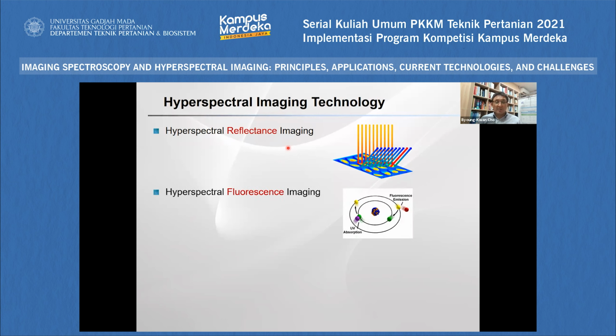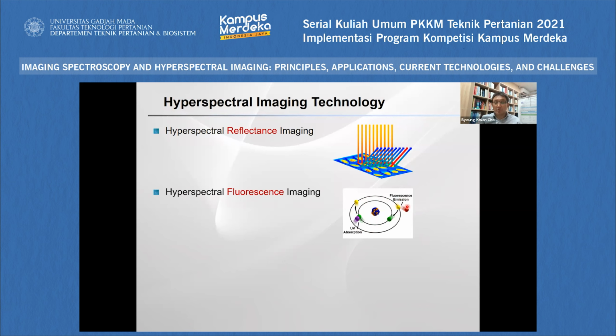Another technology is hyperspectral fluorescence imaging. What is fluorescence? When light energy comes in, the electron absorbs the energy and is excited, and in a short time it releases the energy because it wants to come back to the original state, and during the returning process, it emits the energy again.